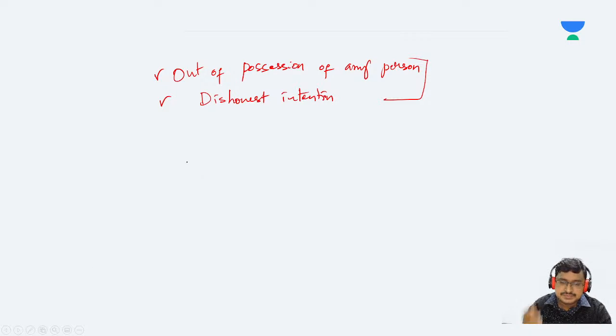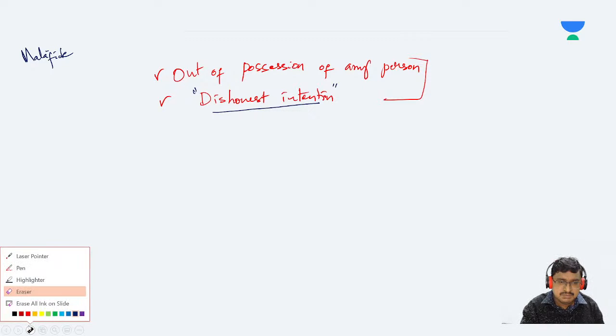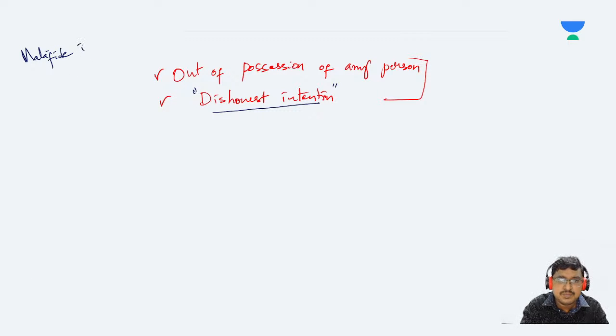Friends, dishonest intention, that is the malafide intention, is one of the essential ingredients.